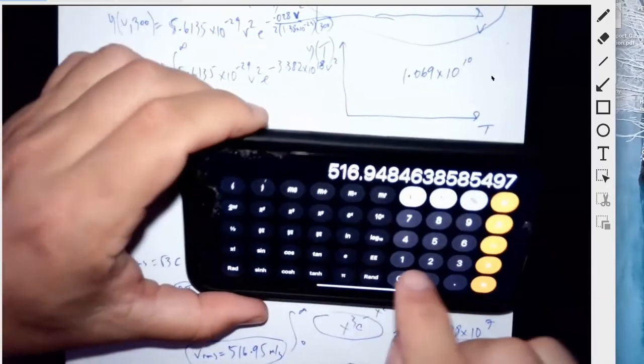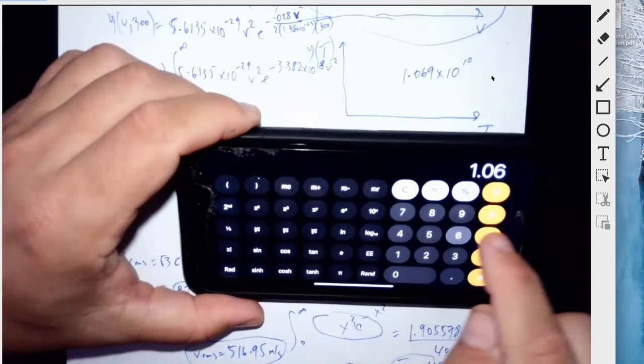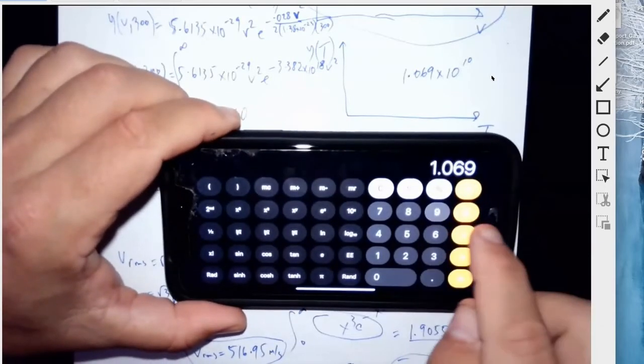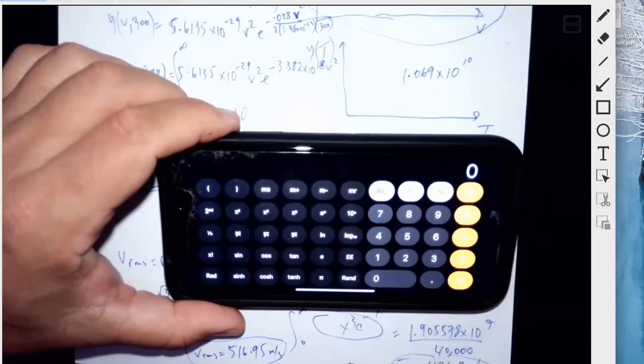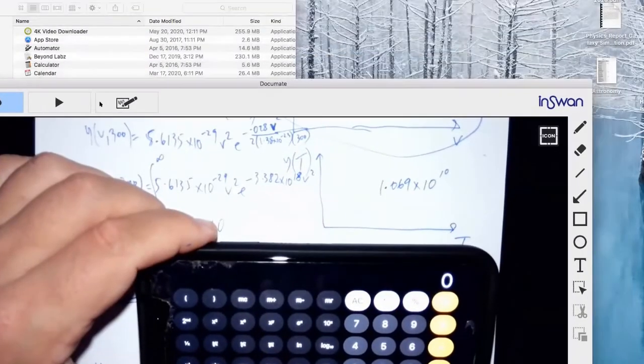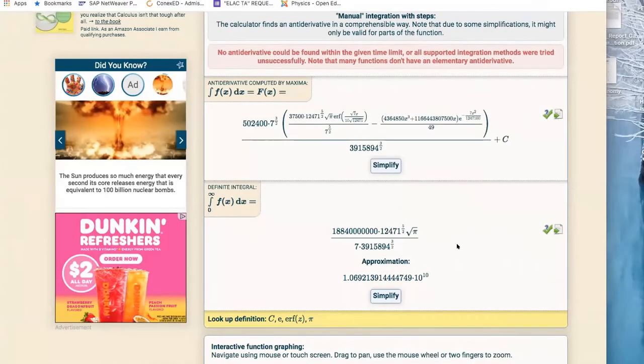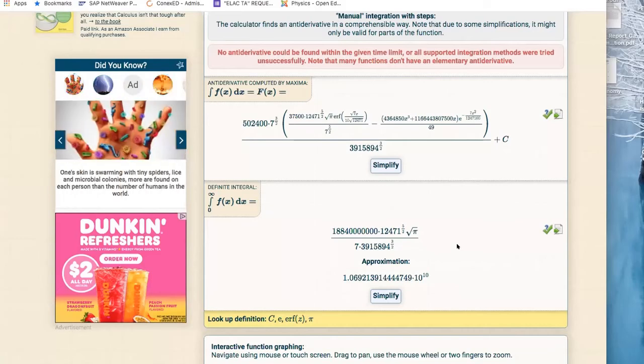So now, 1.069 times 10 to the, let me write down more sig figs. 1.0692139 times 10 to the power 10.